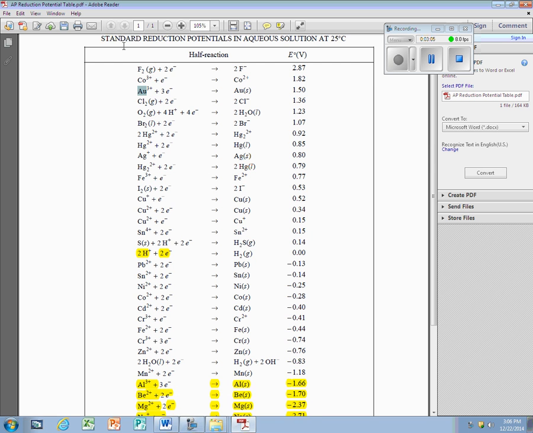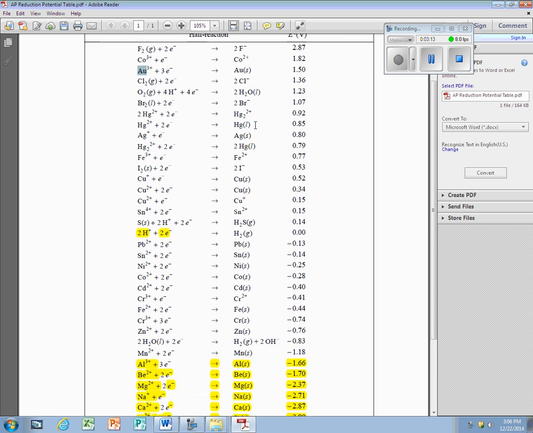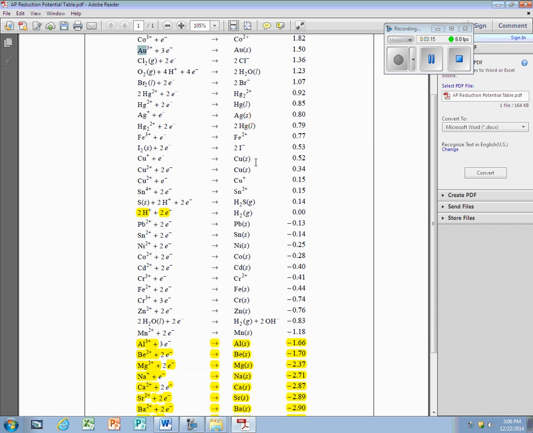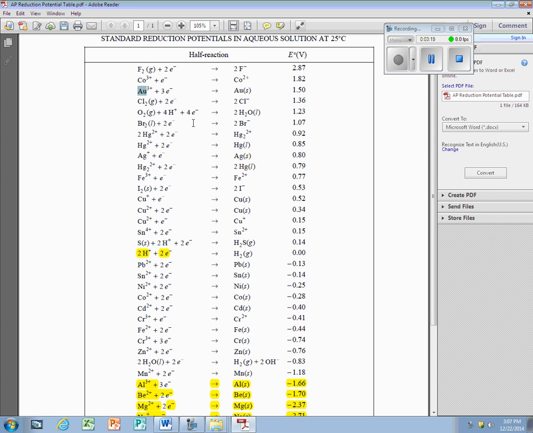What else is important to note about this table is that the species on the upper left-hand corner here can readily gain electrons off the surface of these chemicals listed in the right-hand column on the right of the arrow. So that would mean that fluorine can easily take electrons away from chloride ions because fluorine, the gaseous species, has a greater ability to gain electrons than the chlorine gas.